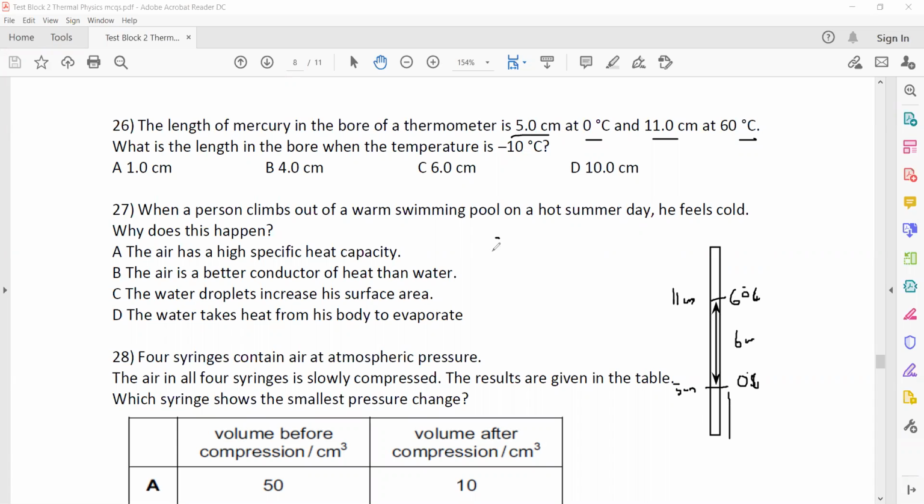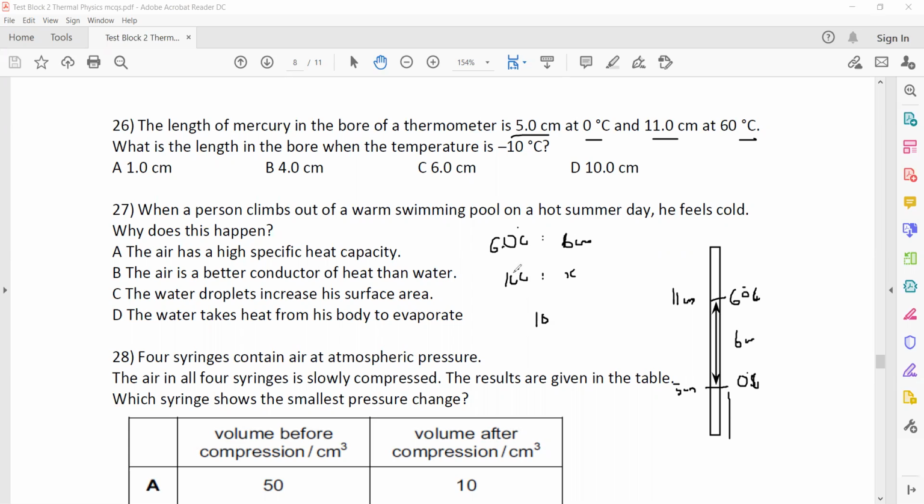So 6 centimeters, 60 degrees are represented by 6 centimeters.